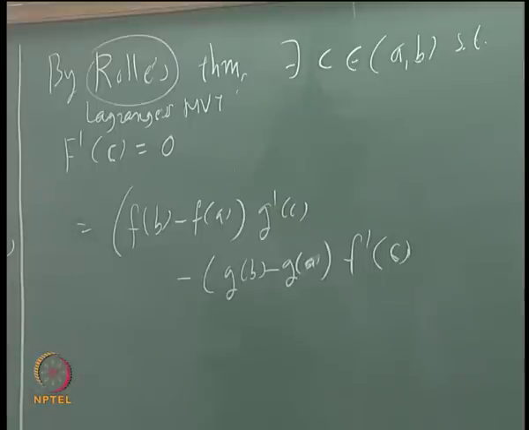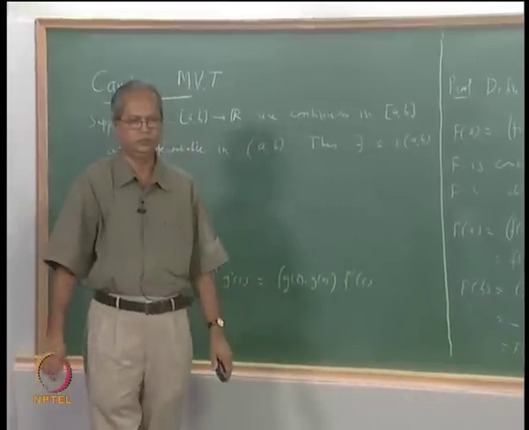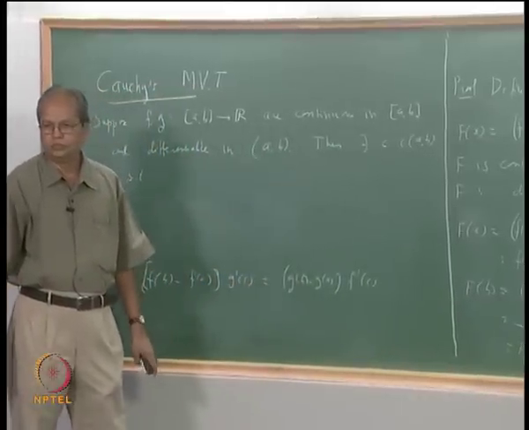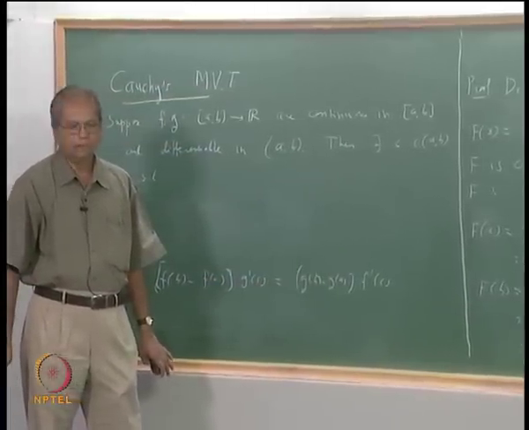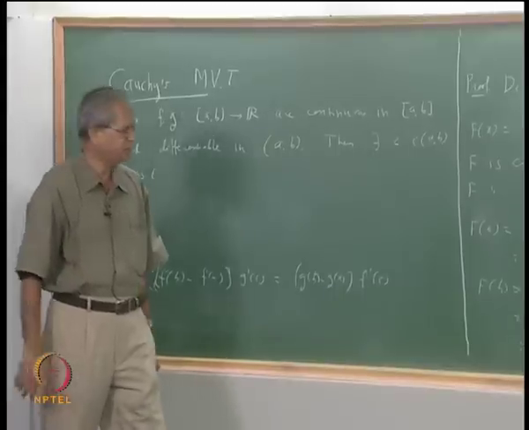Saying that this is equal to 0 is the same as this equation here. That is the proof of Cauchy's mean value theorem.